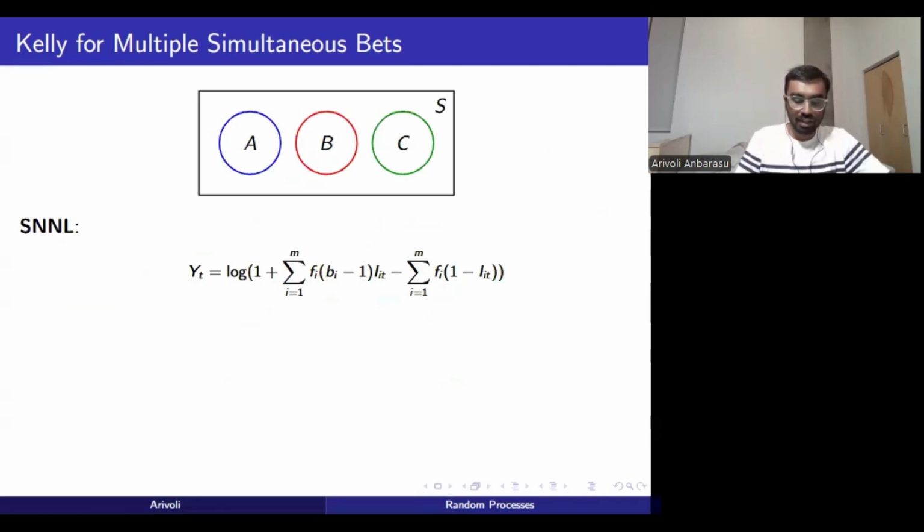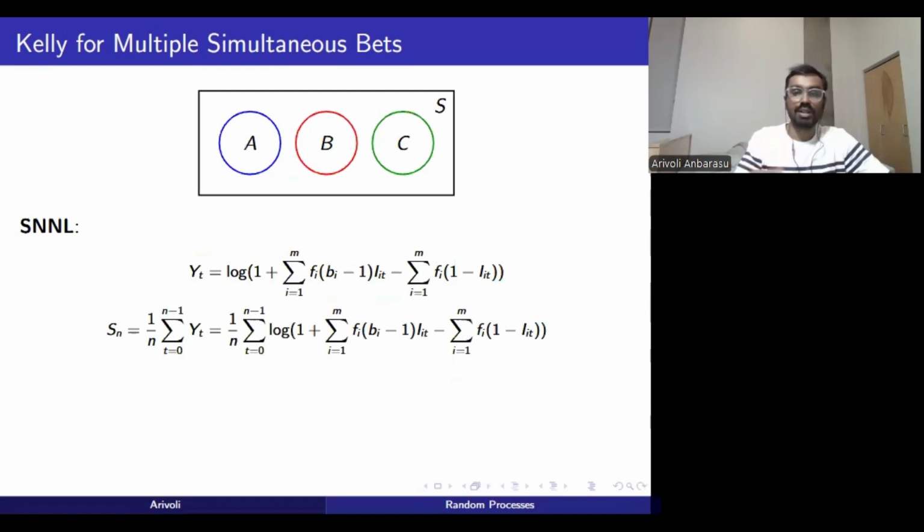If we use the log, we get the new random variable yt as the log term, and the sample average derived for the sequence yt. Then we need to find the expectation of yt, and the definition says that we have to sum up the probability times the value for all possible scenarios.